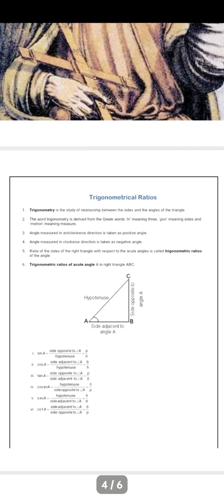These are the short forms. The full forms are sine, cosine, tangent, cotangent, secant, cosecant.